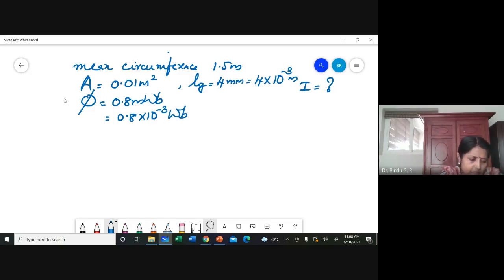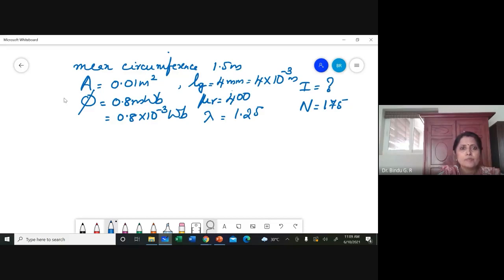in the air gap if the ring is wound with a coil of 175 turns. Assume relative permeability of iron as 400 and leakage coefficient as 1.25.